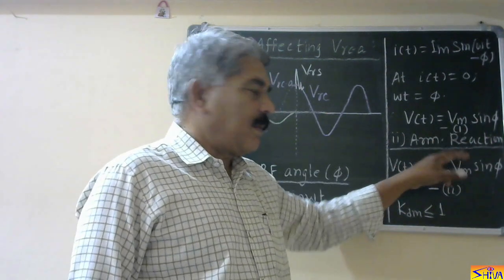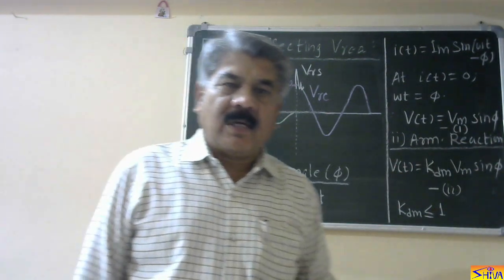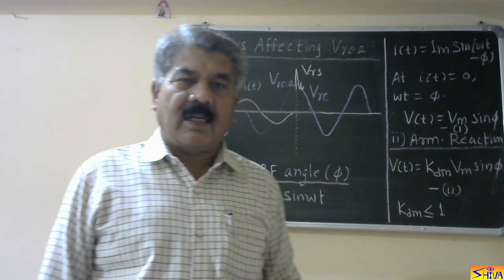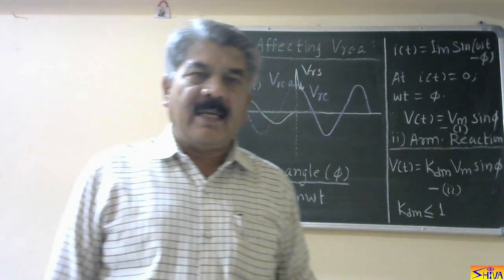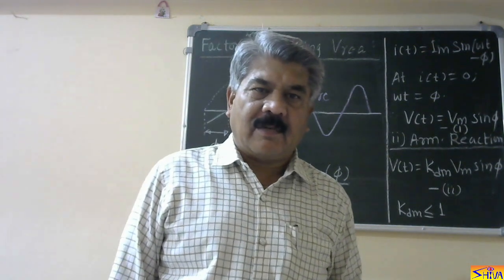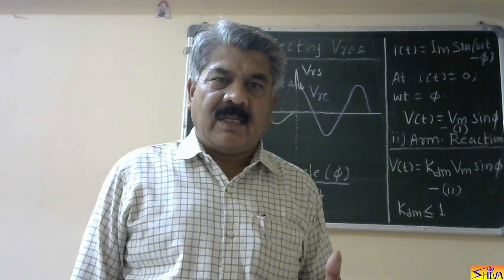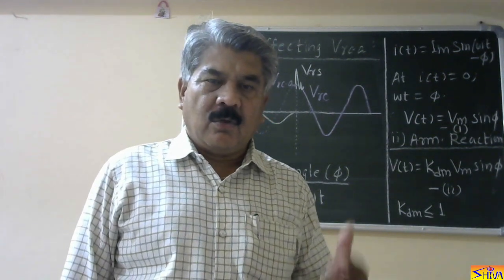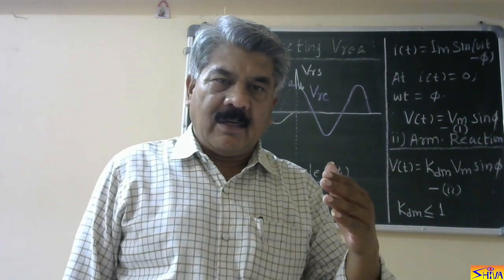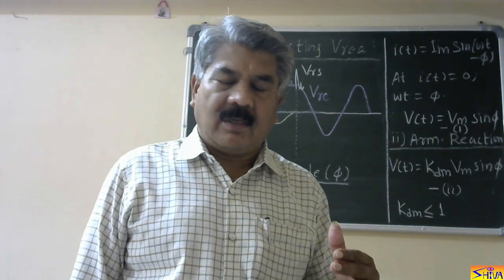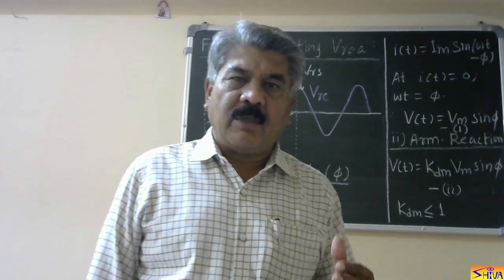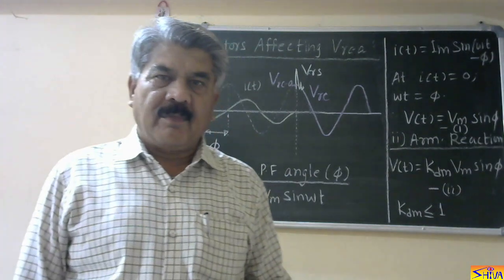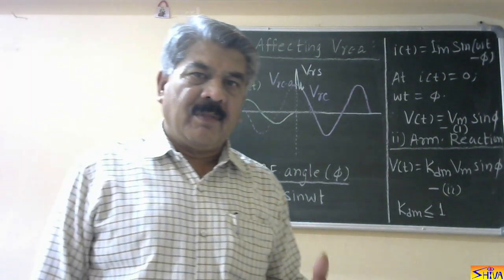The second factor is armature reaction. The short circuit current or fault current is lagging in nature, that is inductive in nature. When current is inductive, it generates a demagnetizing effect on the armature reaction, so the armature voltage slightly drops. The generator terminal voltage due to the demagnetizing effect drops, therefore the system voltage reduces.